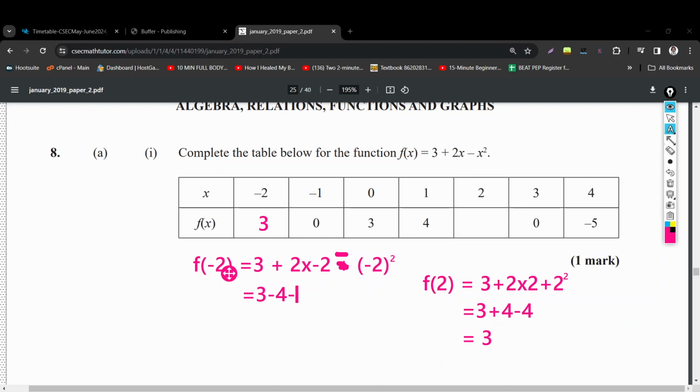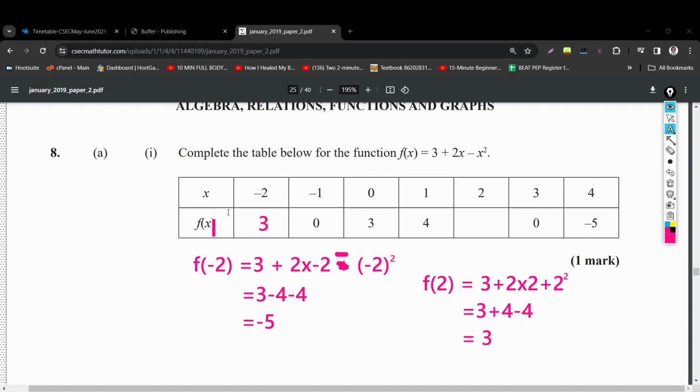And then I should have minus 4 again because you need to square first. You have to do the exponent first. So negative 2 times negative 2 is positive 4, but I'm still supposed to be subtracting that. So the answer for this one is actually negative 5, and the other one is positive 3.